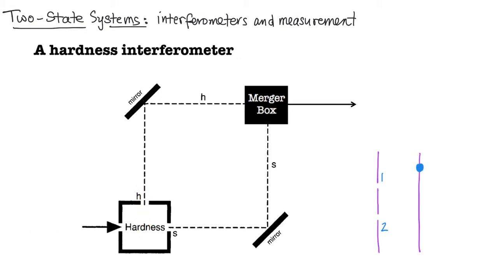The value of the hardness property is mapped onto some spatial position, right? So hard is up and soft is right. But these mirrors reflect the hard and reflect the soft electrons, bring them to a merger box where they're redirected out to the right. And this interferometer has now scrambled the which way information.